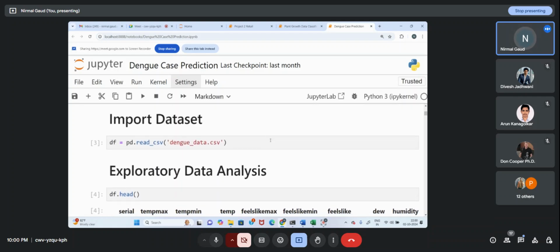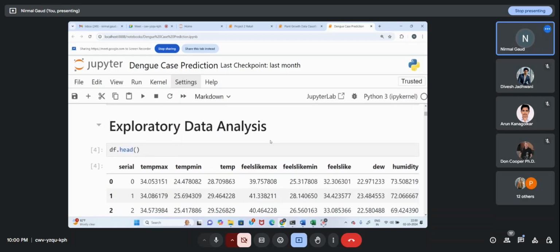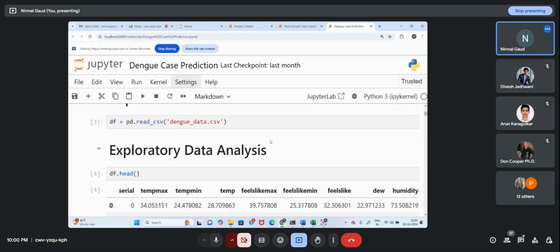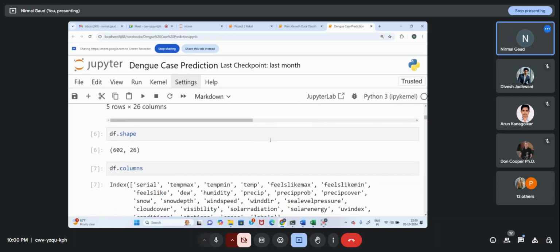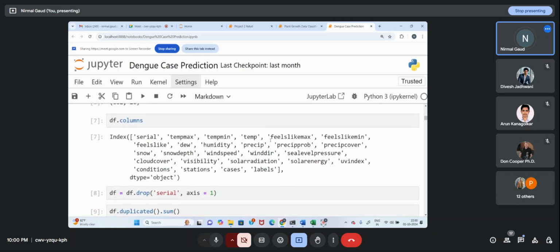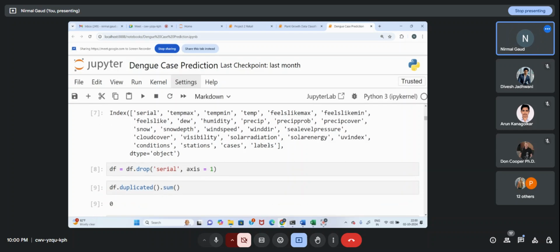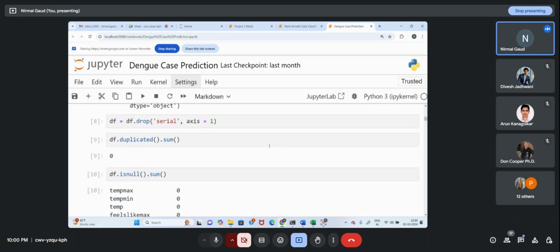I already showed you the data, and whatever features are mentioned, I already explained. So in EDA I printed the head, tail, shape, rows and columns, and column names in the data. Serial is just a sequence number, so I don't care for it. I dropped serial.